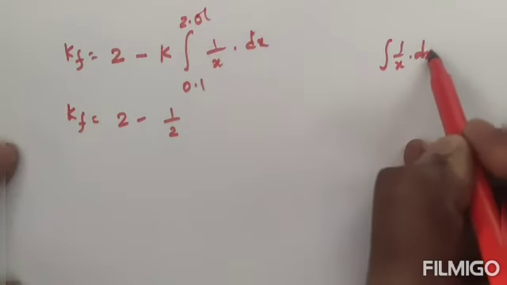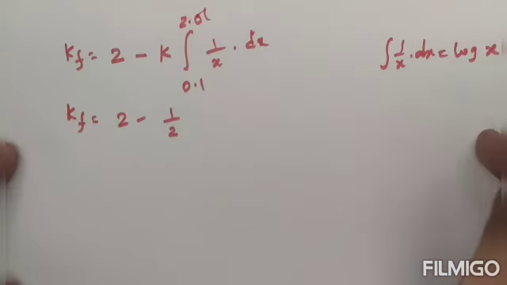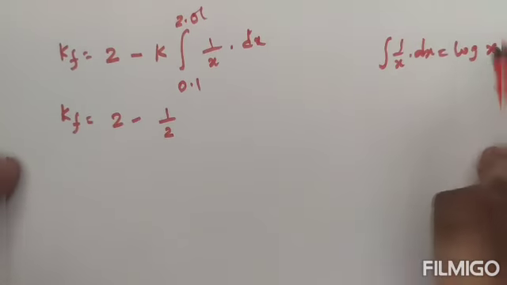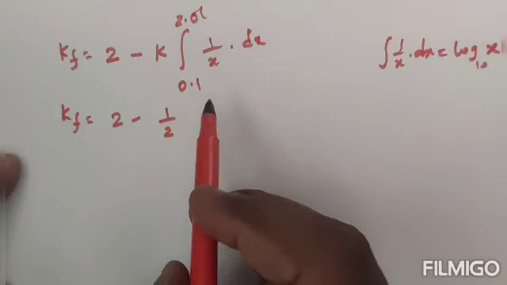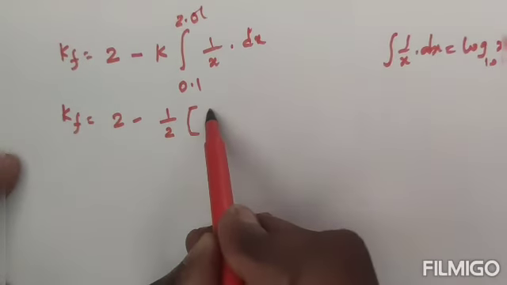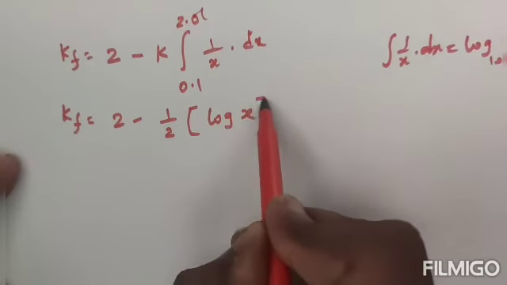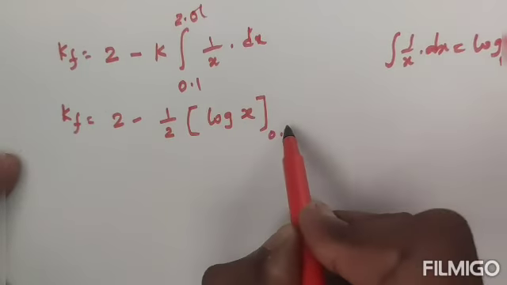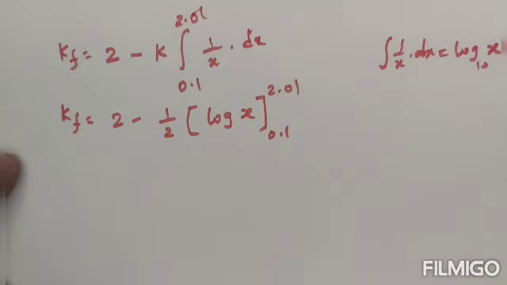Integral of 1 by x into dx I can write as log x, that means here log base 10. So I can write this is log x, then the limit value 0.1 to 2.01.